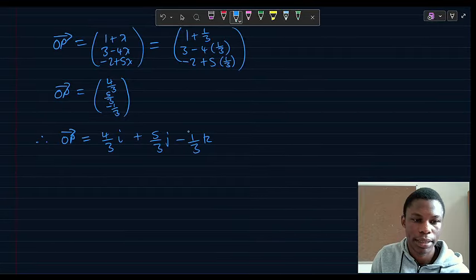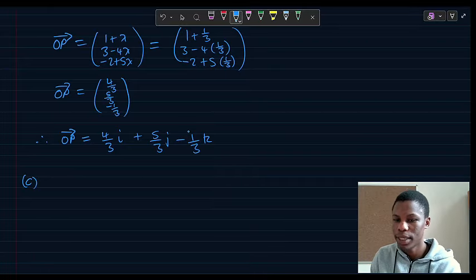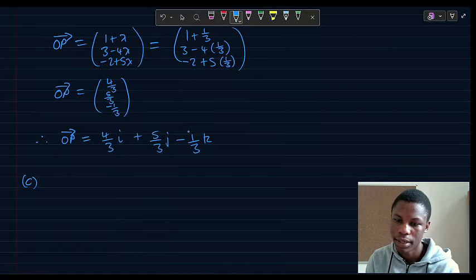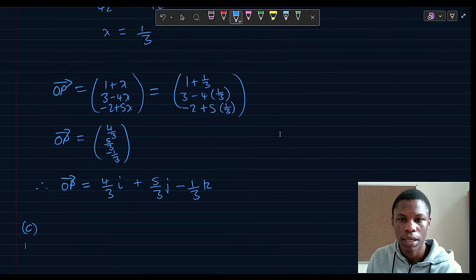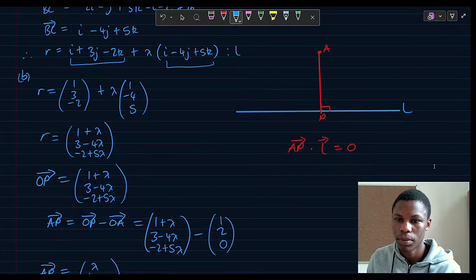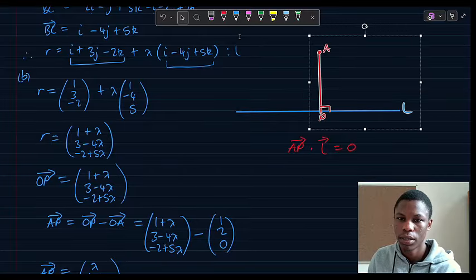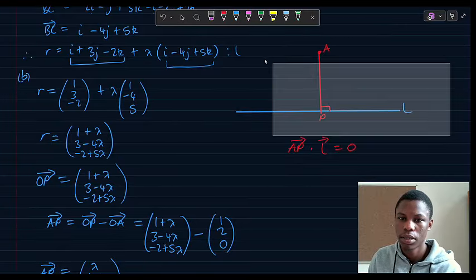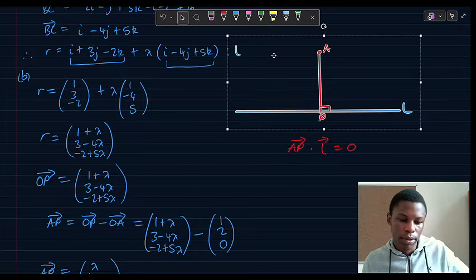Now part C says, the point D is the reflection of A in L, find the position vector of D. Okay, let us copy our diagram from earlier. I don't need the dot product bit. Okay.